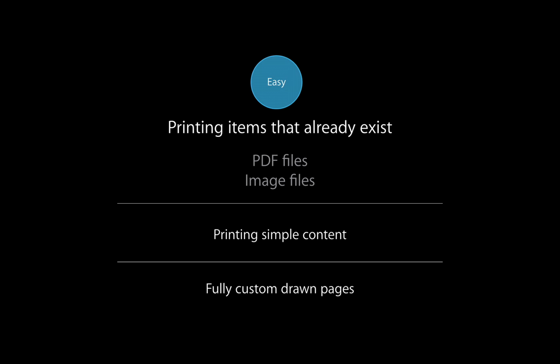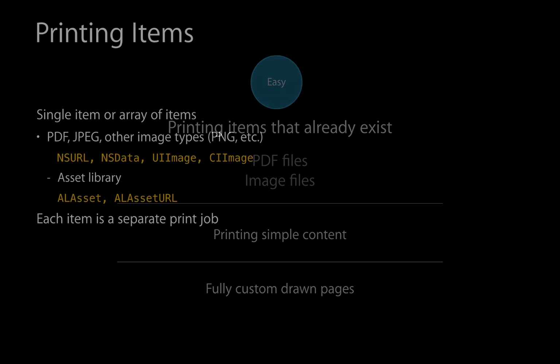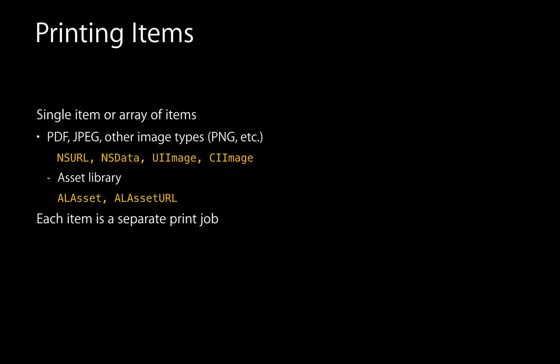So first, the easy is PDF files, image files, things that already are basically ready to print. To print these, it can be a single item, or it can be an array of items. Like if you had a bunch of photos you wanted to print, you could provide an array. It could be, like I said, PDFs, JPEGs, any image type that iOS understands.